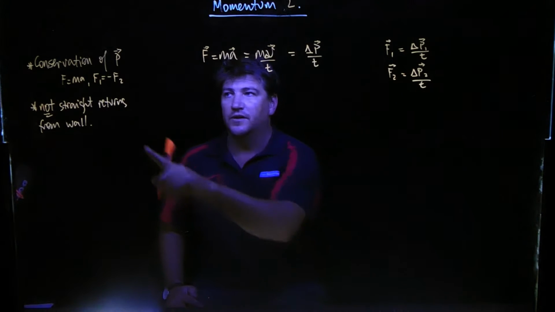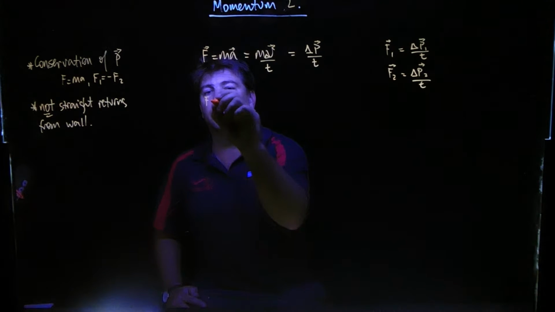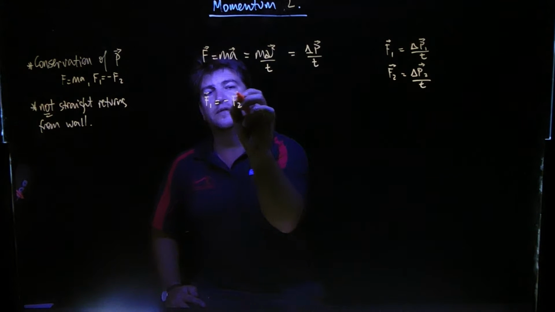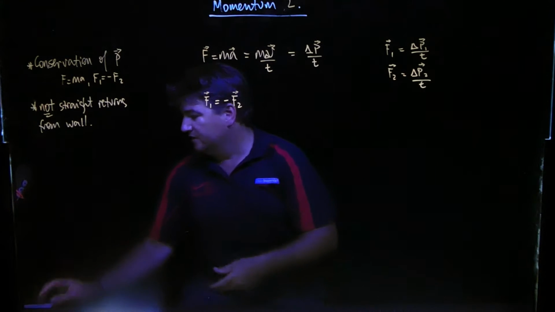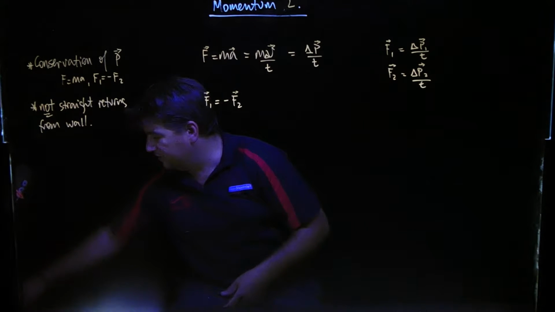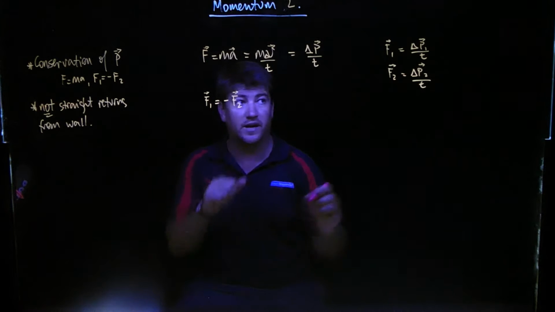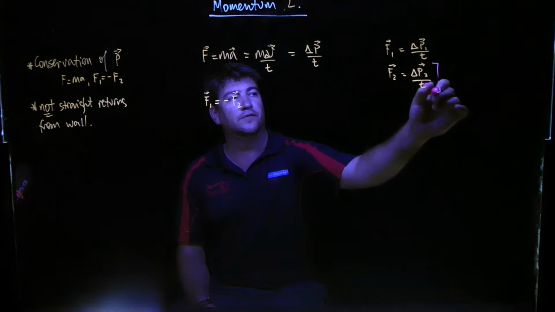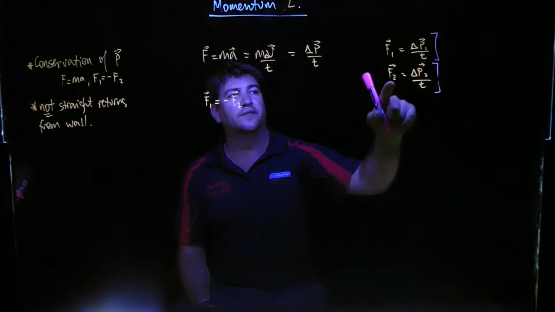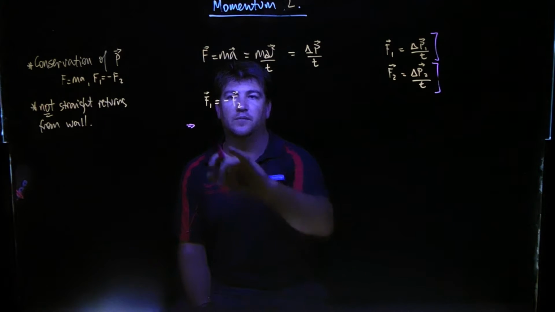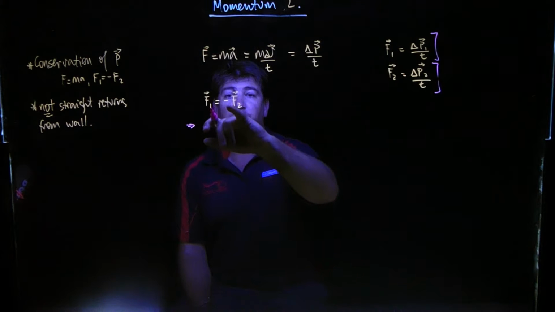So now we can go back to here, F1 minus F2, vector. I'm going to change colours just to hopefully make this stand out a little bit more. Now I'm going to grab all of this from over here and replace these two terms. Remember the first force is equal and opposite.